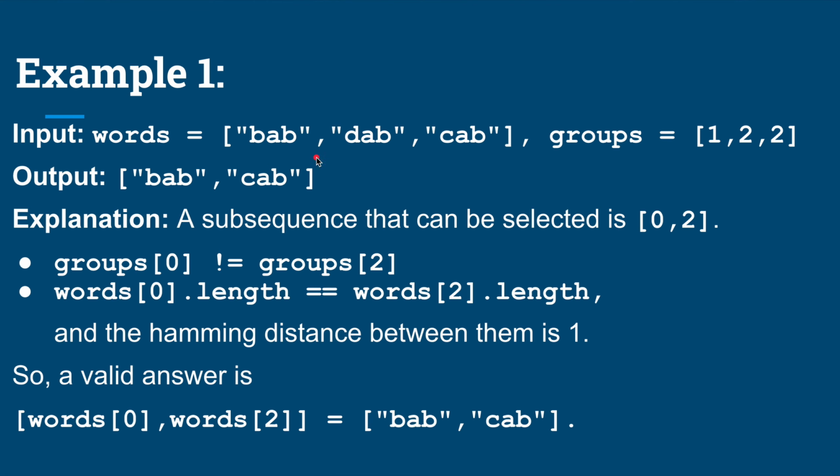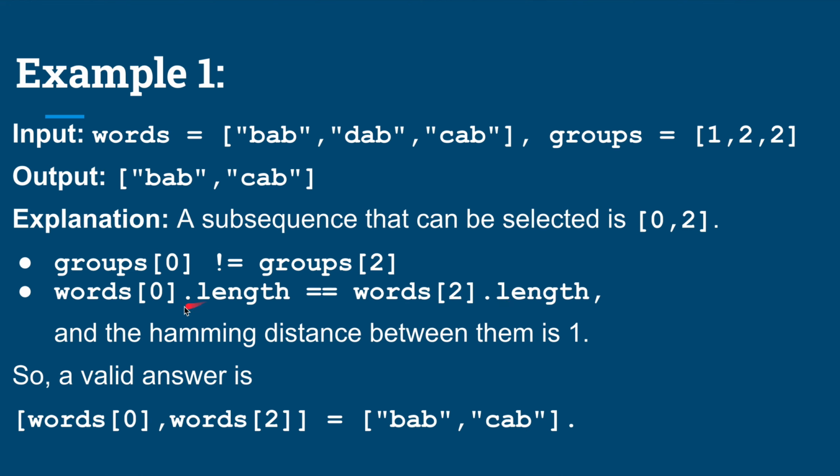How? 0 and 2, BAB and CAB, because group at 0 is 1, not equal to group at 2, right? So we can say the first condition matches, because we have already said that groups should not be equal. Now words at 0 dot length is equal to words at 2 dot length, right?